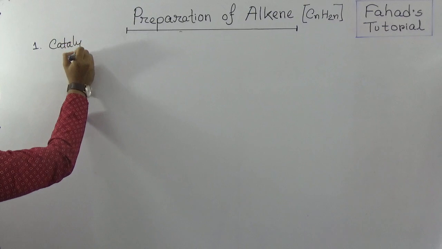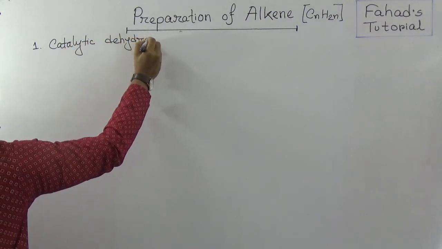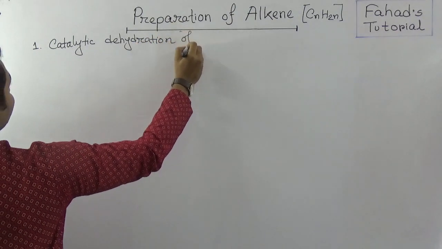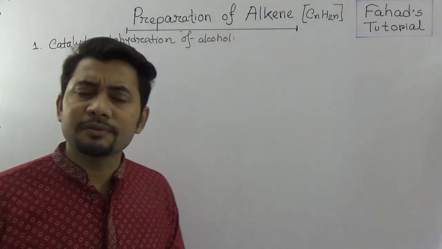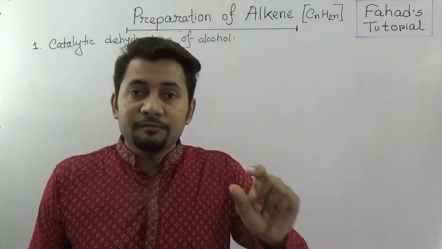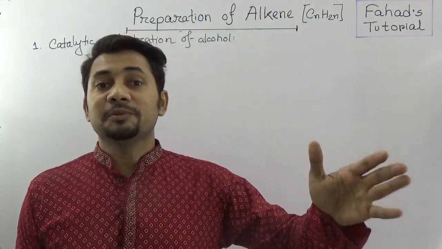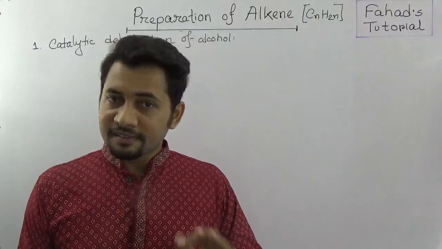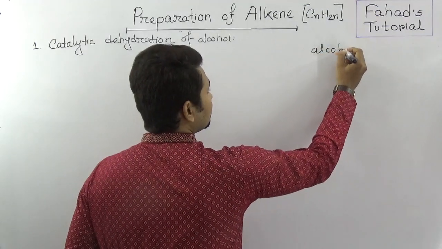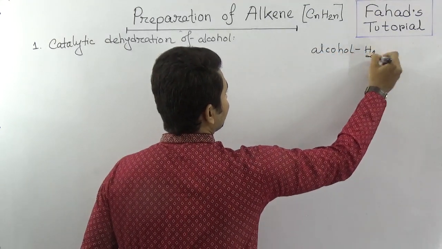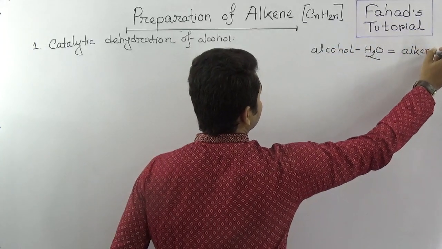catalytic dehydration of alcohol. So simply we can remember one thing: if we can remove water from alcohol, then the corresponding alkene will be produced. If you remove water from alcohol, then you will find alkene.